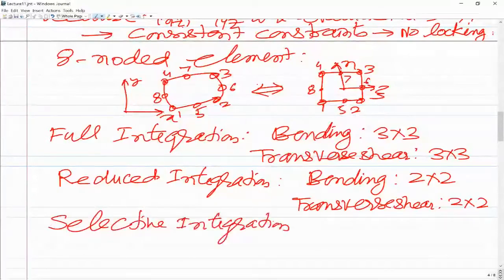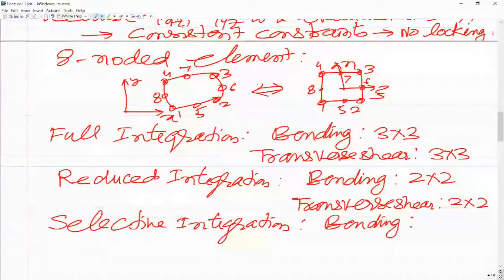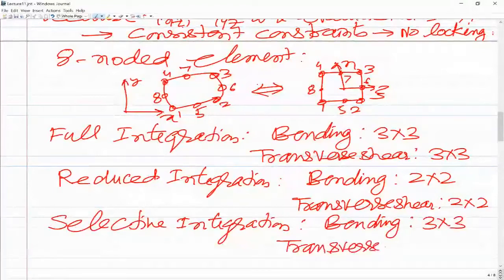And then in case of selective integration, bending is evaluated exactly. So bending is done using 3 by 3 integration, whereas the transverse shear is evaluated using 2 by 2 integration.